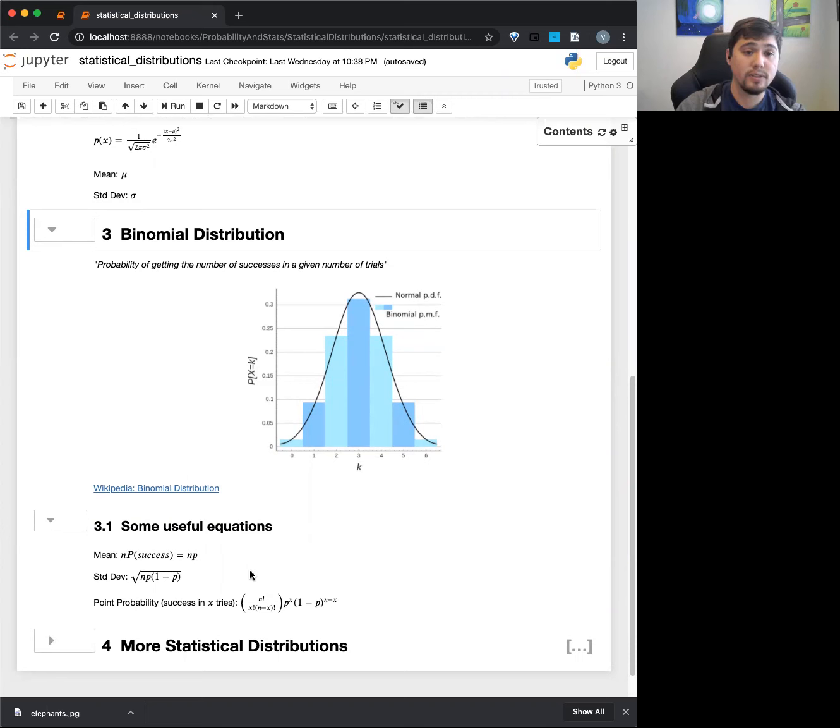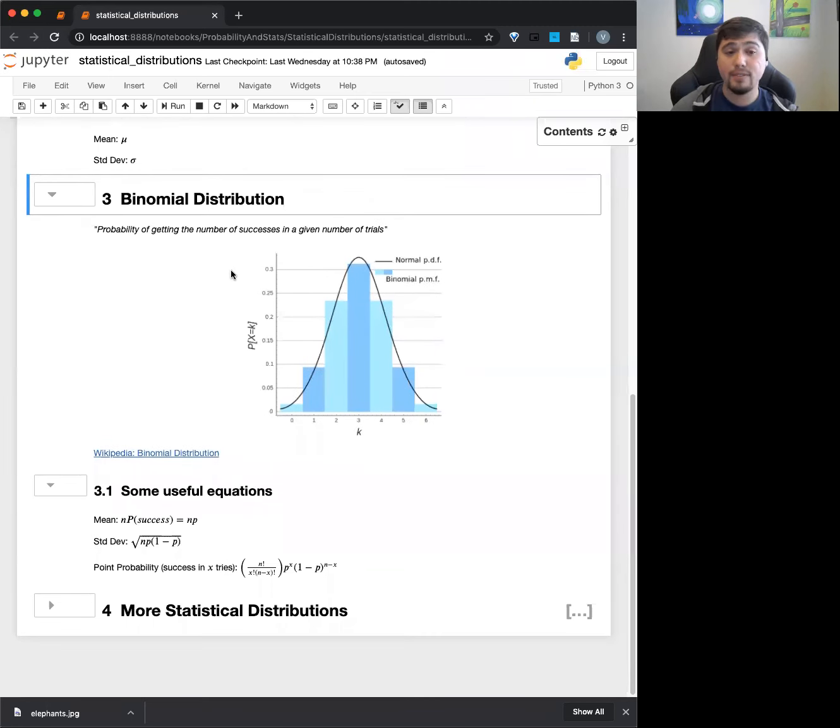The binomial distribution says, what if I flip my coin 10 times? How many heads would I expect to find? Some people will get 5 heads, some will get 6, some will get 2, some will get almost 10, like 9. The probability of that happening gets smaller and smaller at the edge cases. So it's just the number of successes.